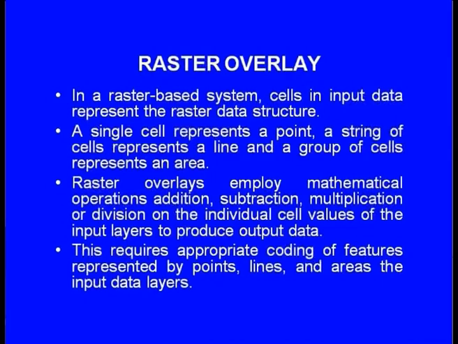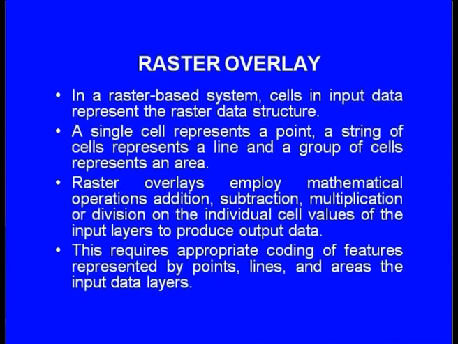The next type of map overlay is raster overlay. In a raster based system, cell input data represent the raster data structures. A single cell represents a point, a string of cells represents a line, and a group of cells represents an area.